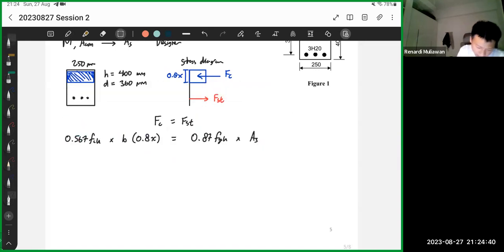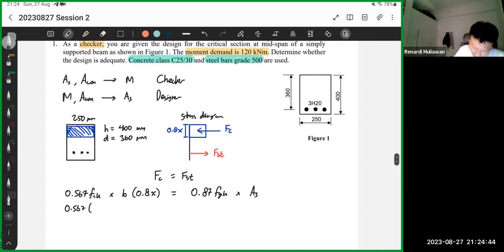Okay, next is we just plug in the values. 0.567 FCK, in this case is 25, multiplied by B 250, 0.8x, and 0.87 FYK is grade 500, multiplied by area of steel.